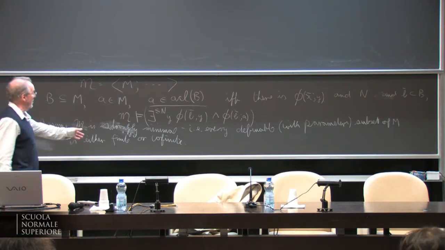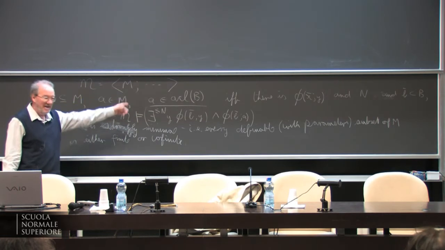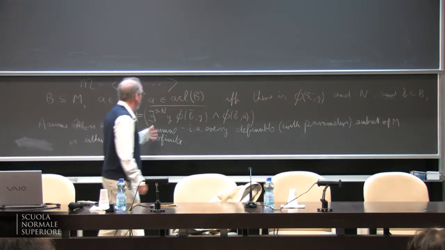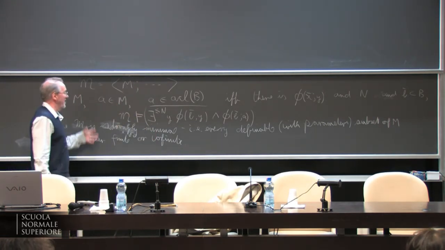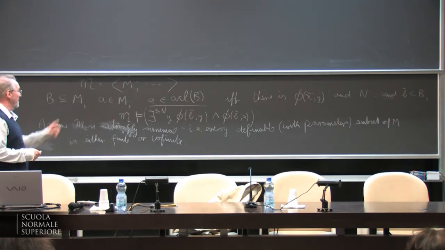Of course, since we're allowing parameters, every finite subset of M is definable and every cofinite subset is, and so the word minimal is used, meaning there's nothing else that's actually definable as a subset of M.